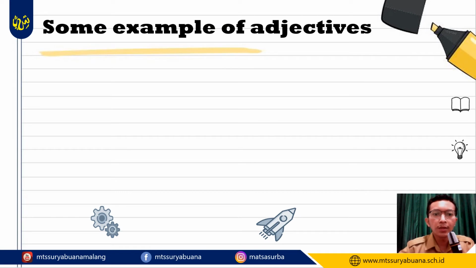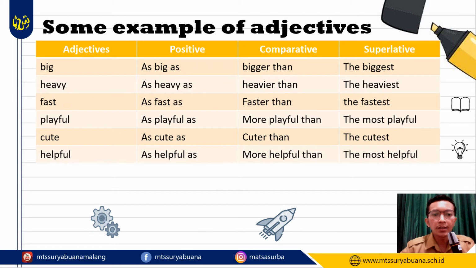The next is about some examples of adjectives. Here I provide examples of adjectives related to how we compare animals and also things. You can use this kind of adjective to make a comparison about animals or things, for example big, heavy, fast, playful, cute, helpful.